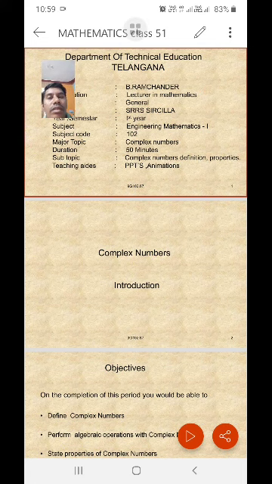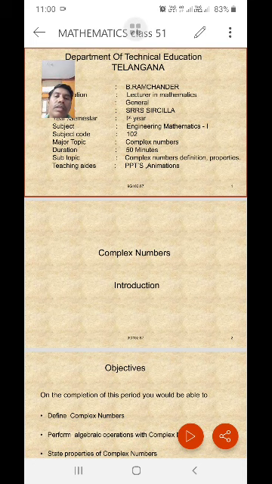So in this order, real numbers are a big set, but in the real numbers there is no complex number. That means if we square any number, we do not get minus 1.